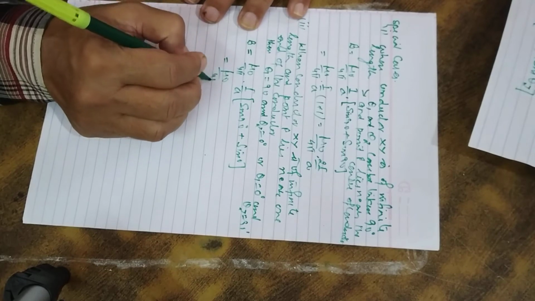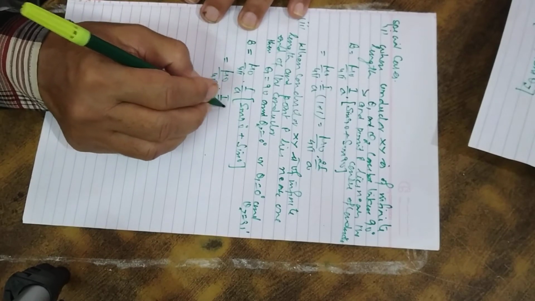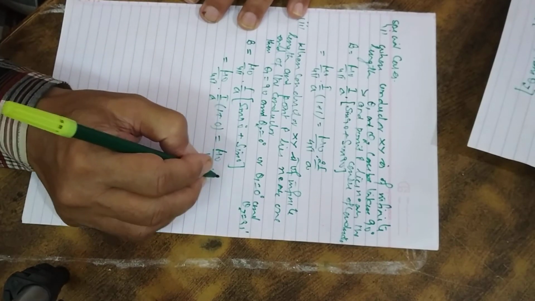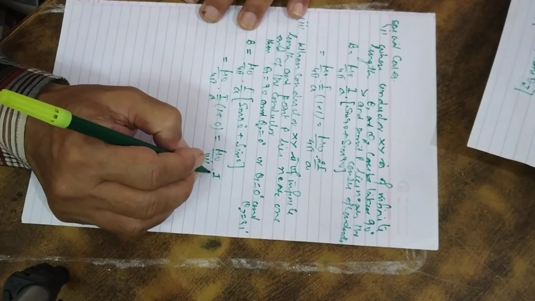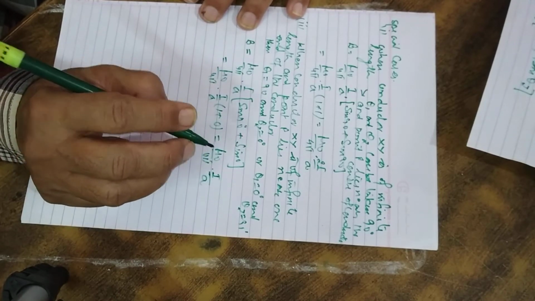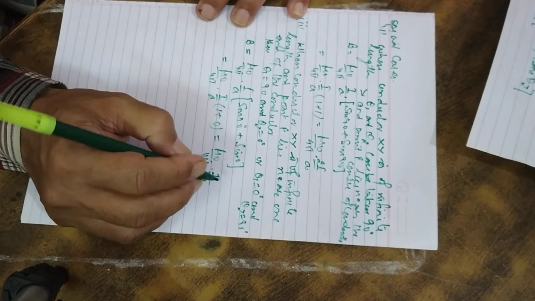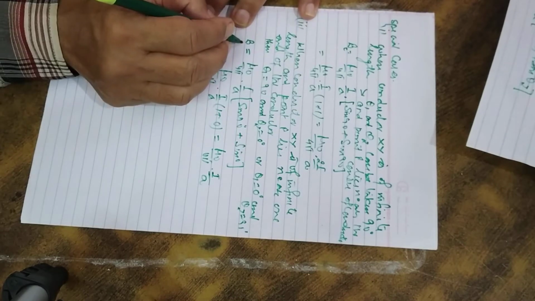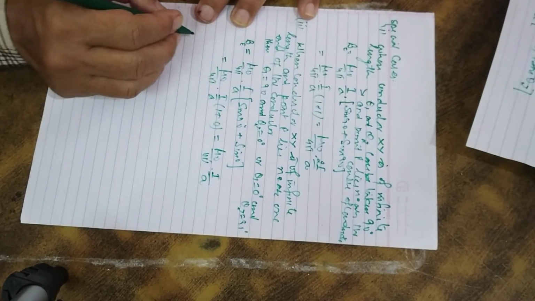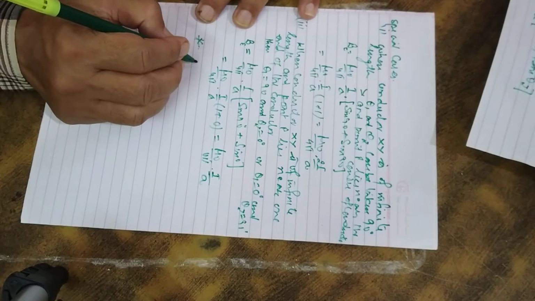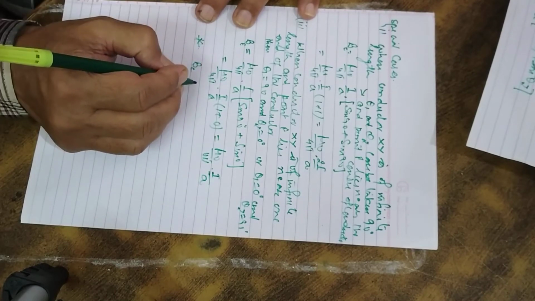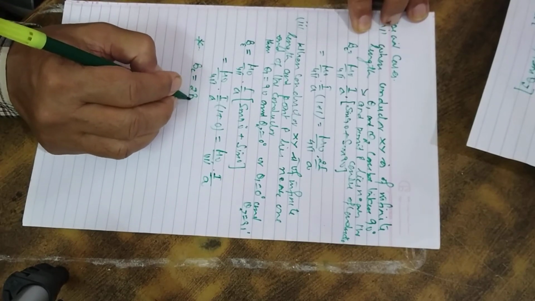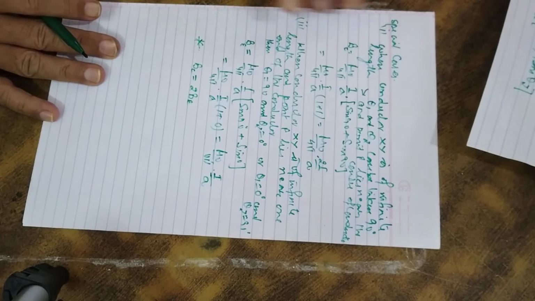This is mu 0 upon 4 pi I upon A into 1 plus 0, that is mu 0 upon 4 pi I upon A. From here it is clear that, if we take this as C center and this as end, the magnetic field at the center of an infinite conductor is 2 times the magnetic field near the end.